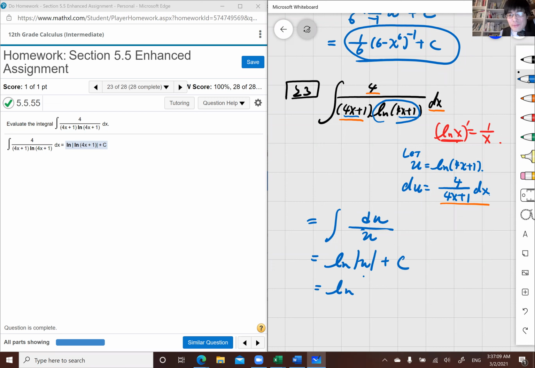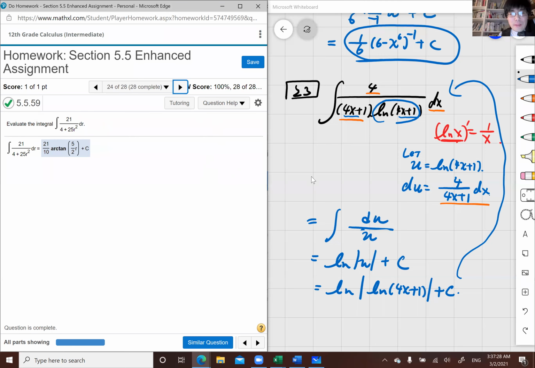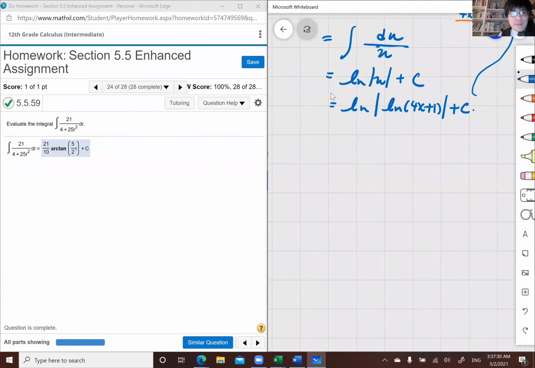And bring that back into x. So it's going to be ln of ln of 4x plus 1. Okay, it looks like an ugly function, but differentiate to check that it is equal to this one after you differentiate it. Okay, next one.